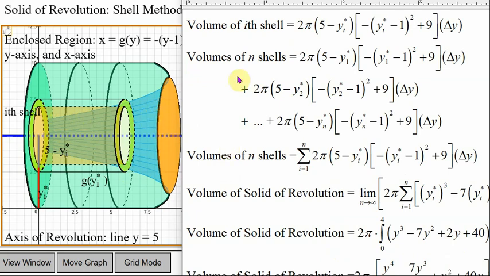If we have n shells, here's the volume of n shells. This is shell number 1, shell number 2, up to the nth shell. These are the volumes of n shells. If we want the exact volume, then we need to allow n to run to infinity.